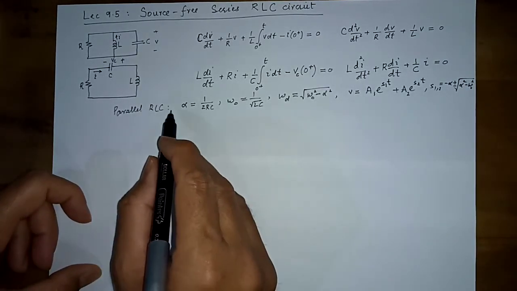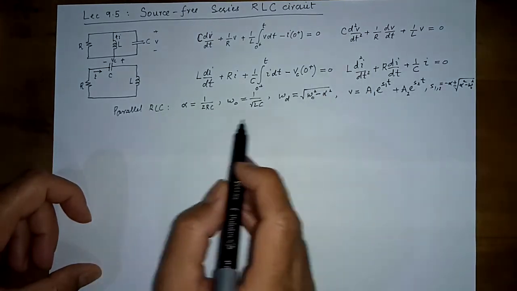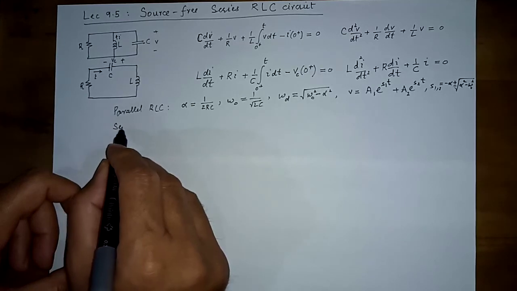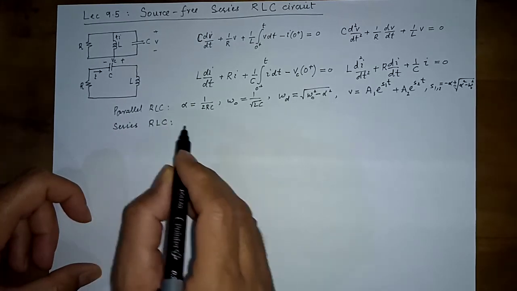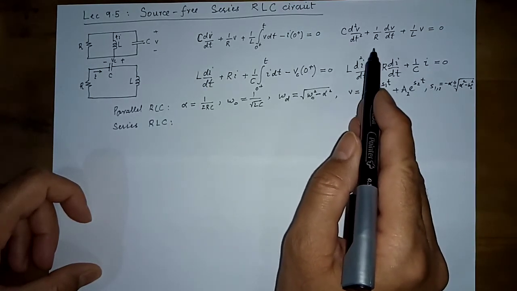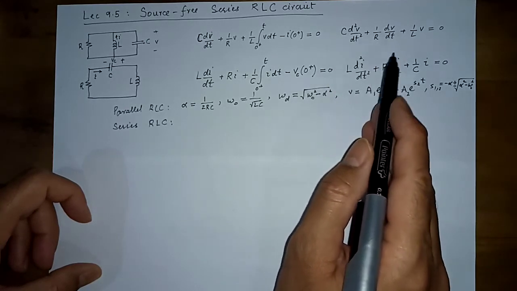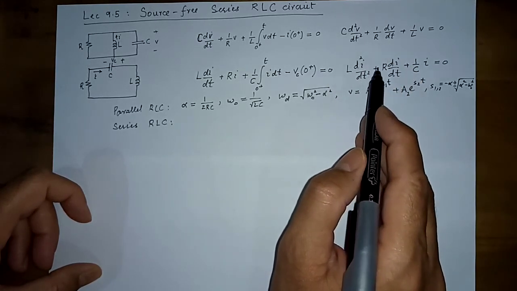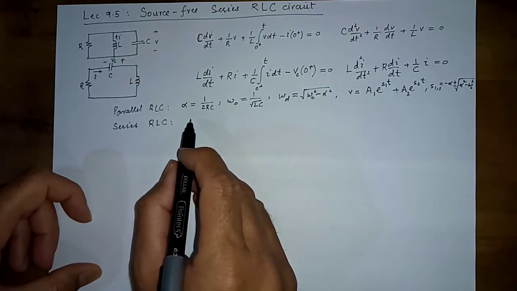Then if that differential equation is the basis of finding everything in the parallel RLC circuit, now if somebody is given this equation and told to replace C with L, L with C, 1 over R with R, and V with I, what will he come up with?